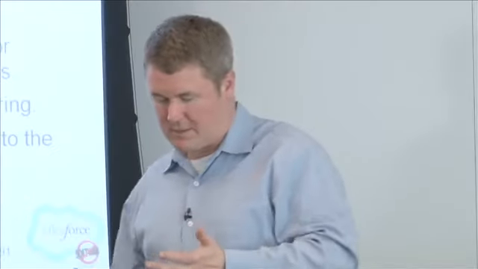So one of the things we'll talk about in a bit is we can actually, much like a validation rule, prevent a record from being written to the database. And the difference between writing the record to the database and committing it to the database is that when we write the record to the database, it's essentially in a temporary holding place.